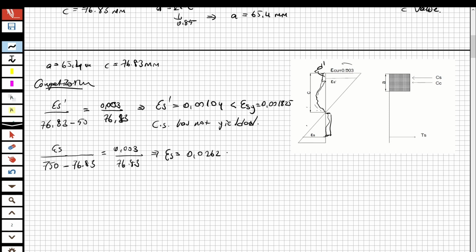And this is greater than epsilon sy. This is epsilon sy, the strain of the yield point of steel. This is 0.001825. So the bottom steel has yielded. So this is tension controlled.